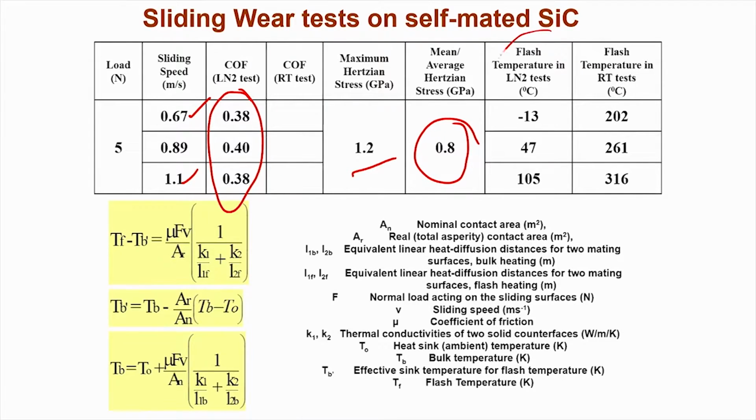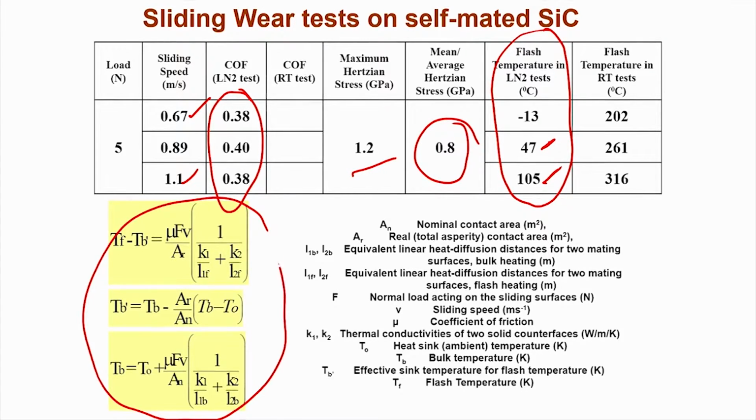Flash temperature at 0.67 is sub-zero, at 0.89 is 47 degrees Celsius, and at 1.1 meter per second it is more than 100 degrees Celsius. The flash temperature was calculated according to the equations that I have described in greater detail in one of the initial lectures in this NPTEL lecture series.